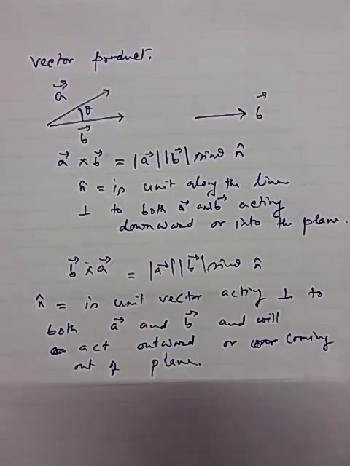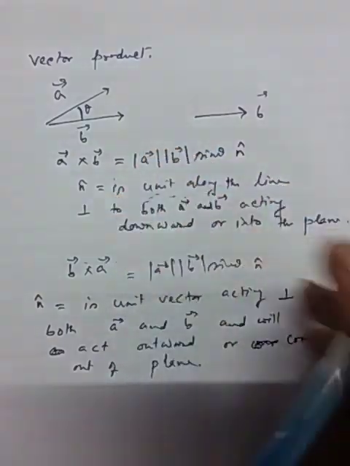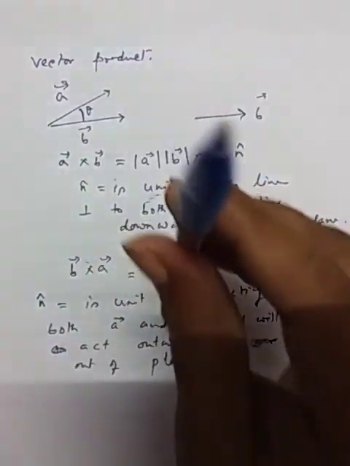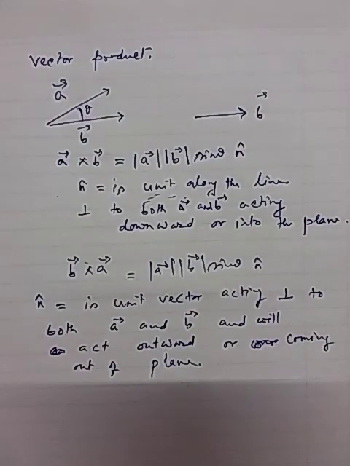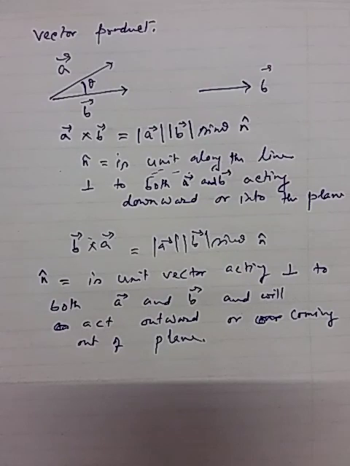Means one vector, A cross B, will act downward, and B cross A will act upward. This is the common way of finding vector products.